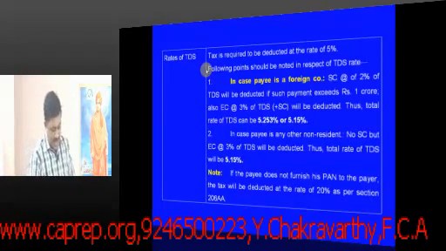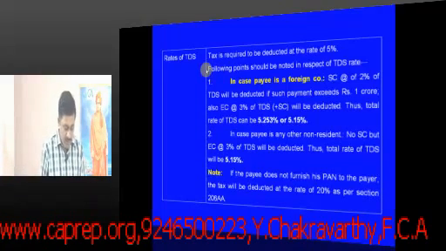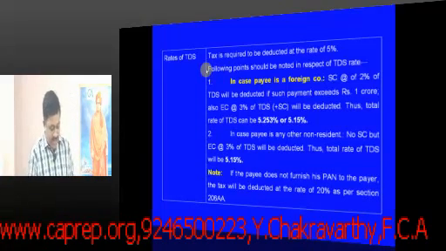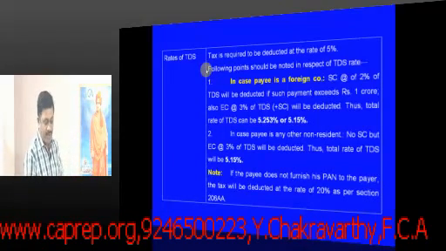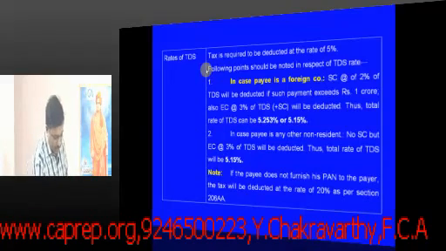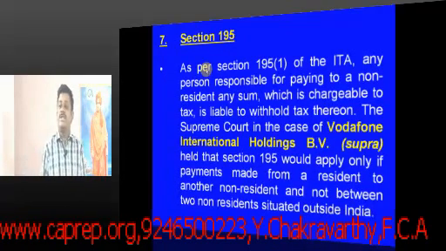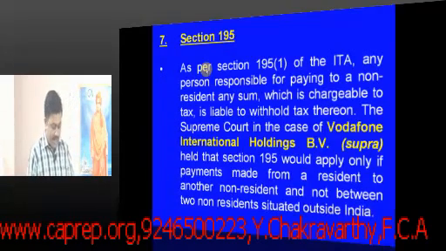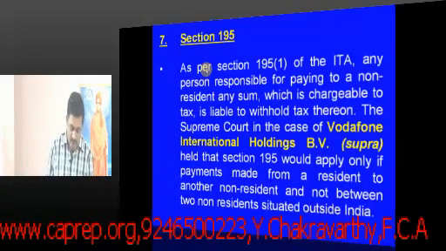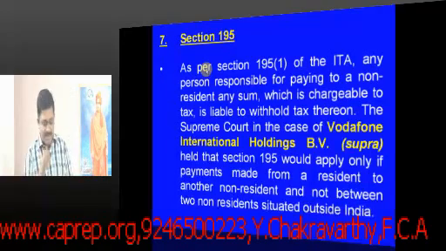Then friends, I move to section 195. What is this section 195? As per section 195, any person responsible for paying to a non-resident any sum chargeable to tax is liable to withhold the tax thereon. Vodafone International case, already I have made an elaborate discussion on the Vodafone case.